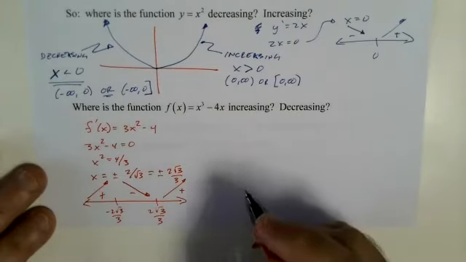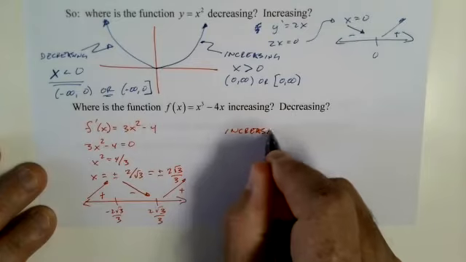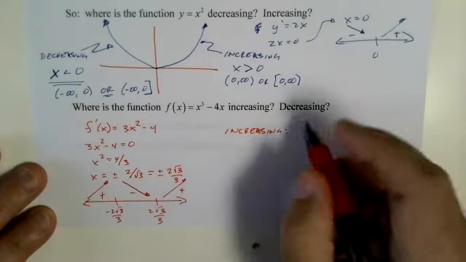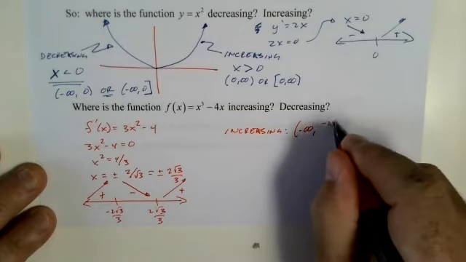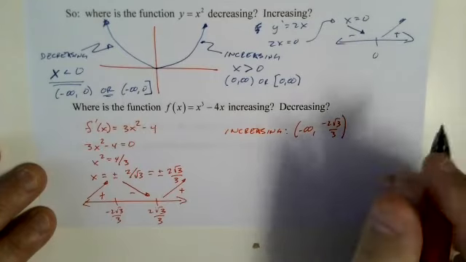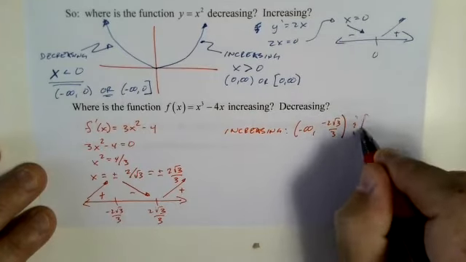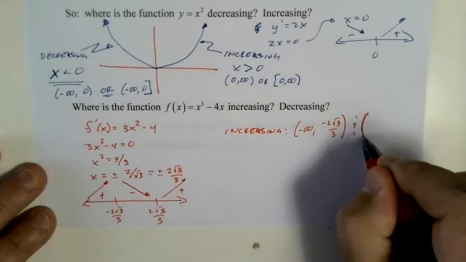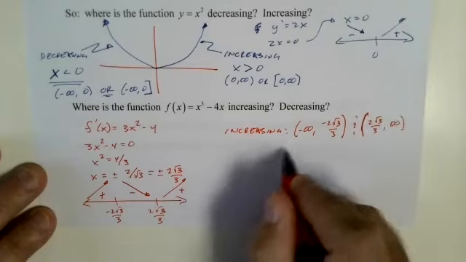So we would say it's increasing from (-infinity) to (-2√3/3). I'm going to put a parenthesis again. I've seen it done, but that's a bracket. And also, look at me talking out loud, 2√3/3, comma infinity.